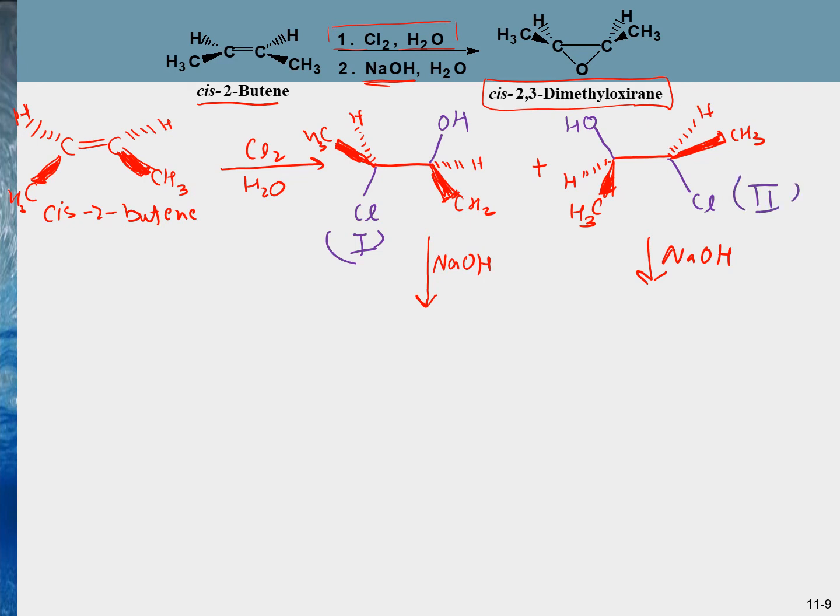So number 1 will result in formation of an internal nucleophile, and the other halohydrin will result in a similar mirror image nucleophile.